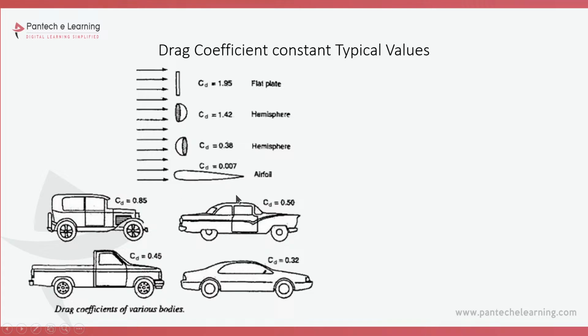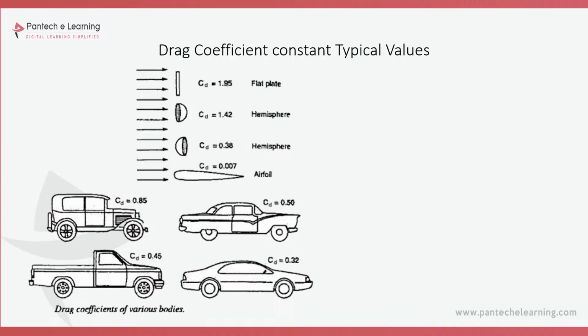Compared to this, with a slight slope the value is 0.50. With more slope it is 0.45, and compared to this it is 0.32. As the shape of the car body varies, the coefficient value varies, so whichever type we use, we choose the coefficient value.